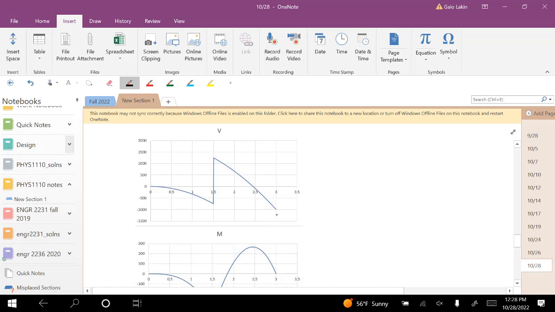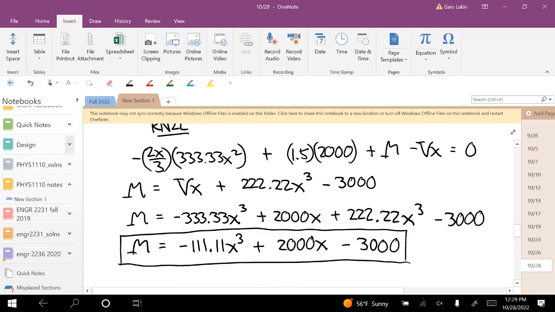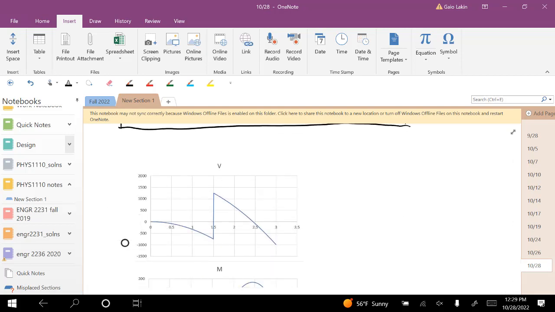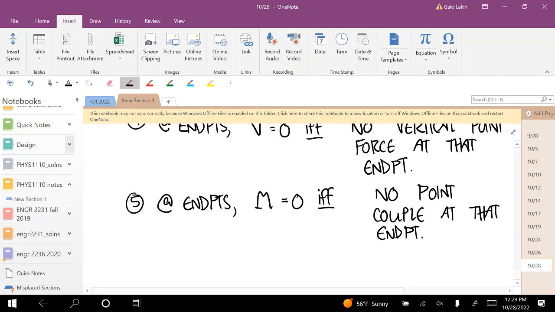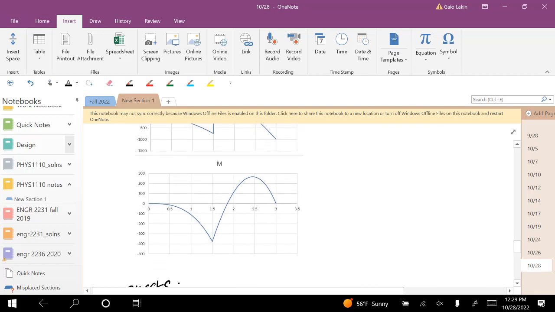That value at the right is equal to the point force at the right, well, with sign, you have to think about the signs a little bit. And then the last one, there are no point couples anywhere. So we expect the bending moment to be 0 at both ends, and we have that. Okay. There are other problems that can come up. That doesn't prove that you did this right, but it can find a lot of the mistakes that you would make.